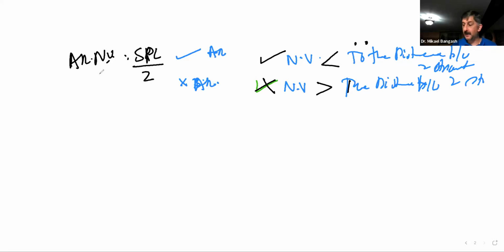So the same is going to apply to your lateral resolution.